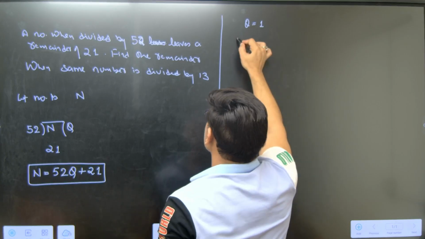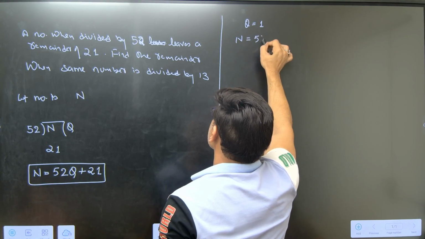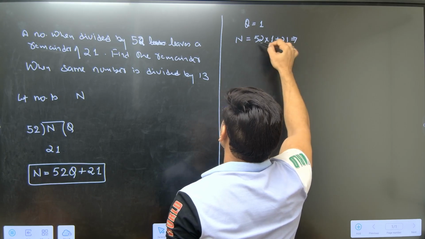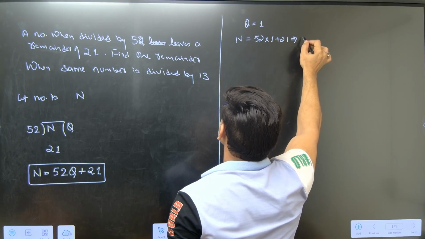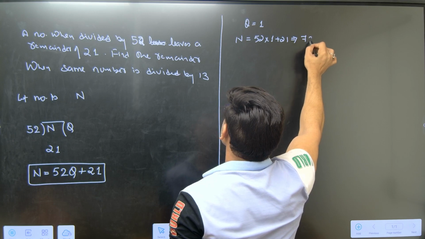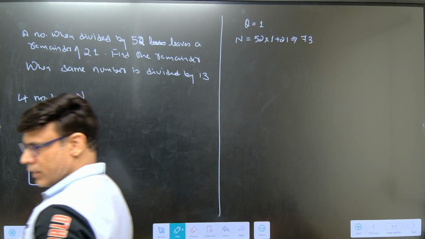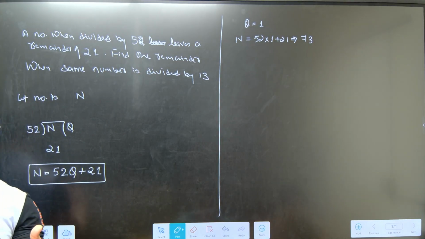Then your number will be 52 into 1 plus 21. How much is it? 73. If I put q equal to 1, the number will be 73.